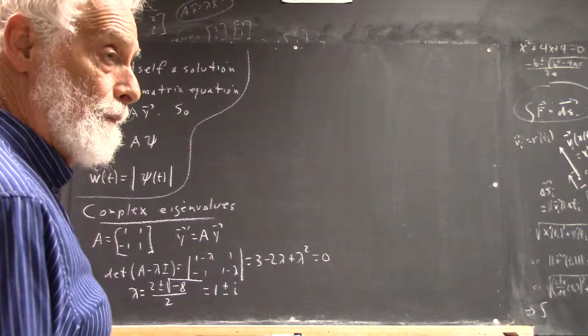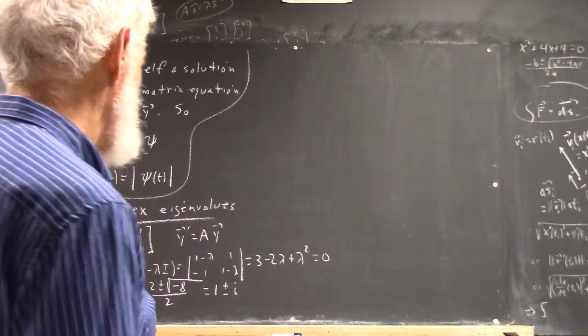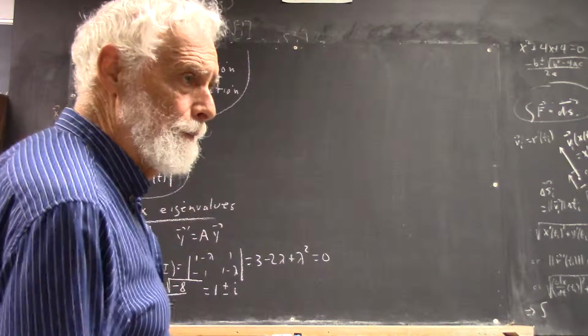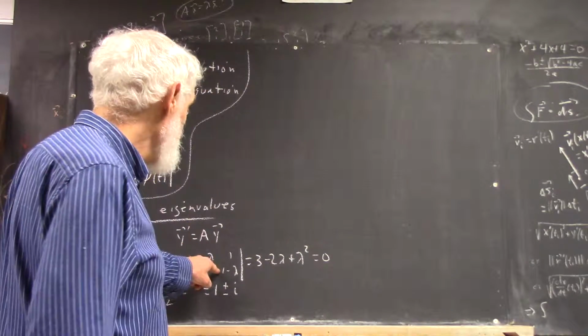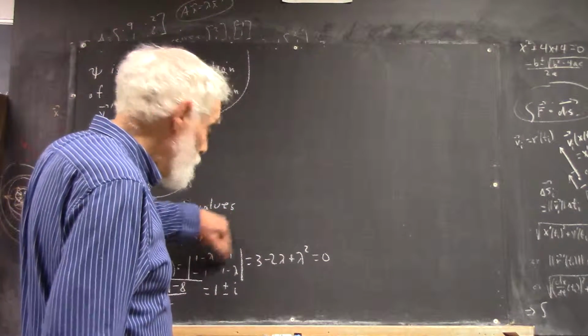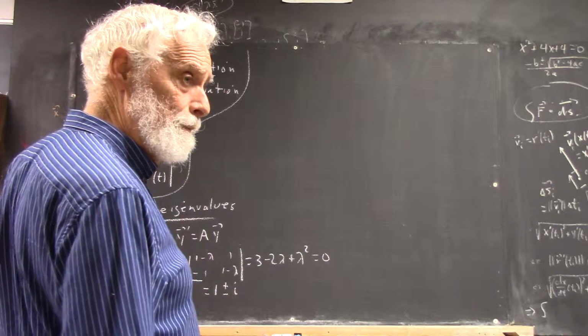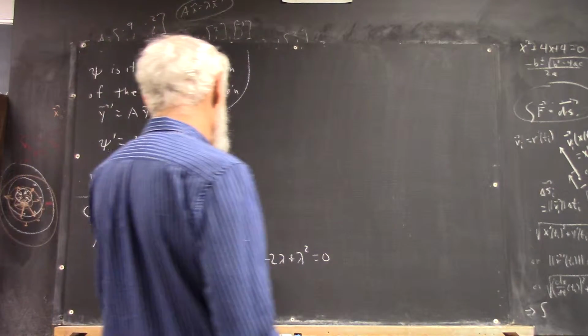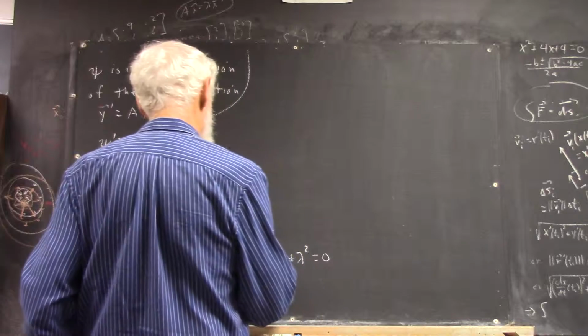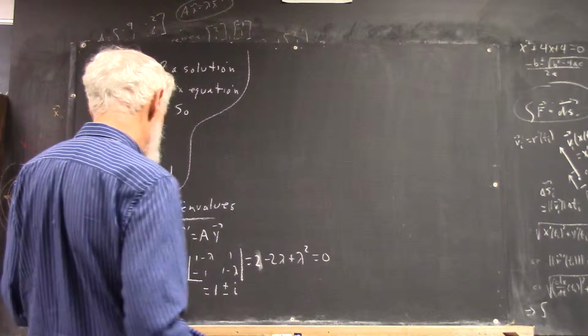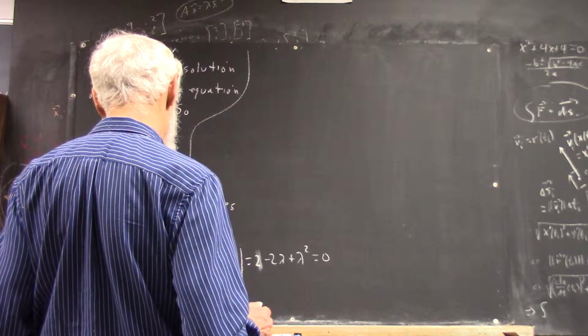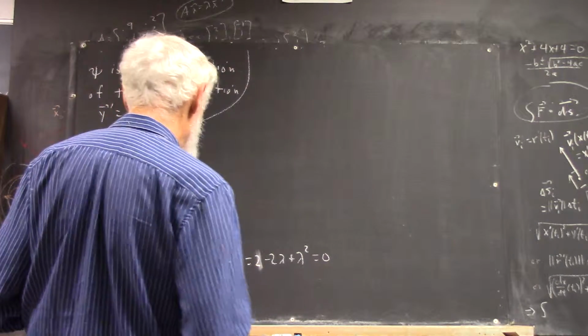How did you get that 3? I did this determinant, just do it. I get a 1 from here and a minus negative 1 from here. And that's not 3, is it? No, I'm glad you asked. Okay, that's 2. And actually, yeah, I've got too many 2's in there.